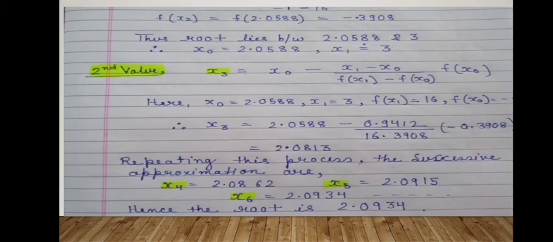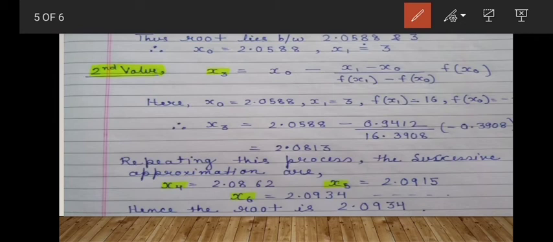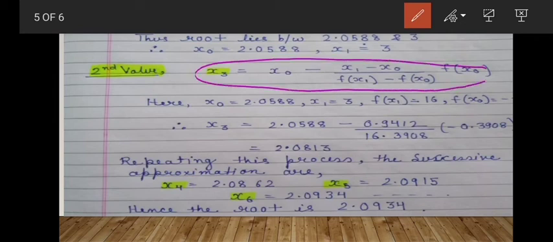Now as my value lies between 2.0588 and 3, again we will find the second value. The second value we will get with the help of this formula only.